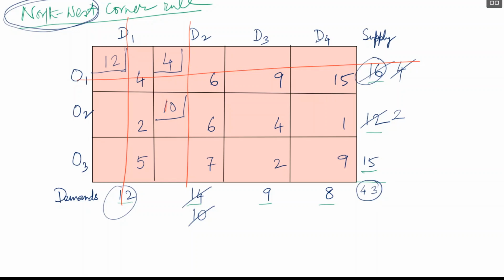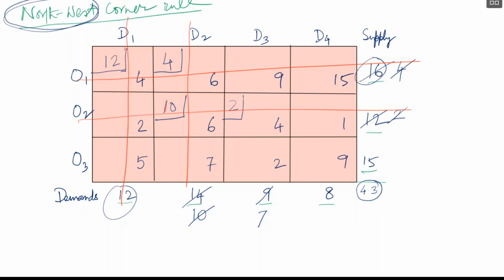Next we move towards the next northwest corner, that is the 2-3 cell, where we find the minimum between the supply and the demand, that is between 2 and 9, and it is 2. So we assign 2 at the 2-3 cell, and now we see that the supply at O2 has been exhausted, whereas the demand at D3 has 7 units remaining, and so we shall discard the row corresponding to O2 now.